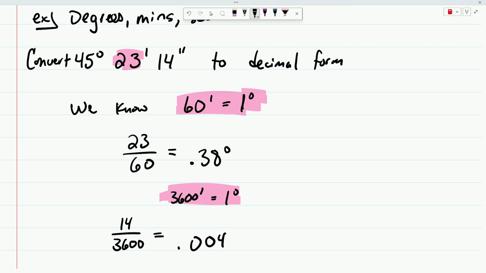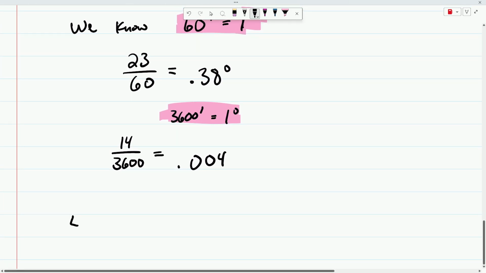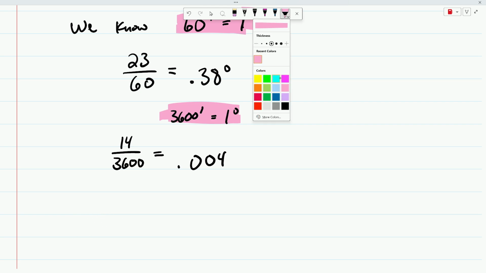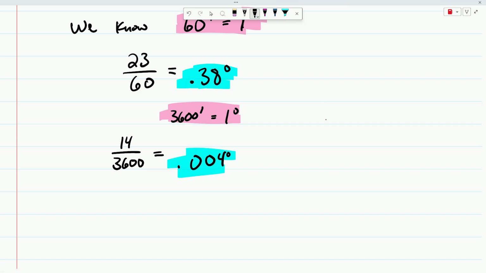And then to bring everything together, all we have to do is rewrite this as 45 degrees. And then, let me be technically honest here. We're going to take this result and this result, which is in degrees, and we're going to add them together first.